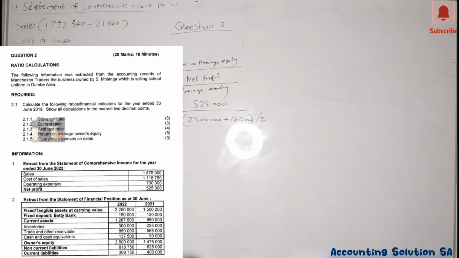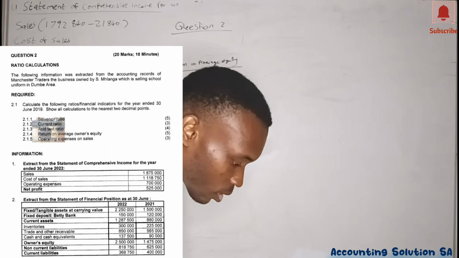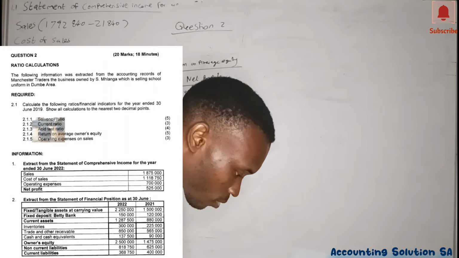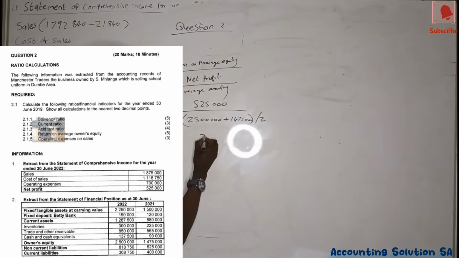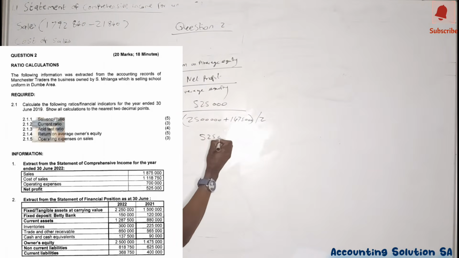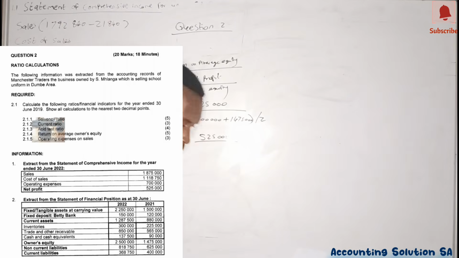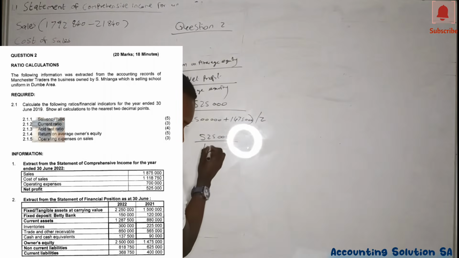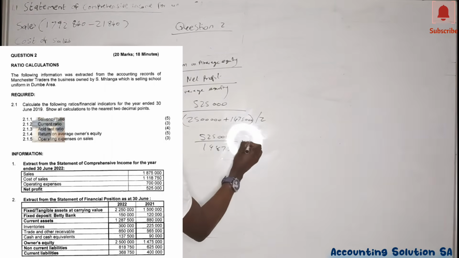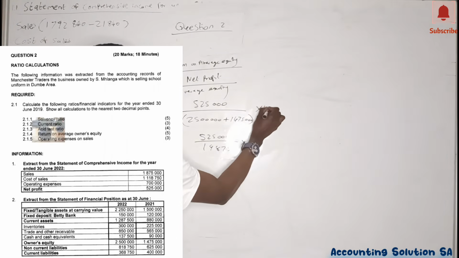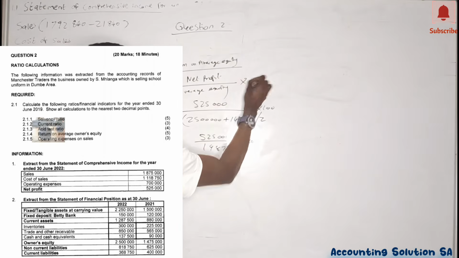Then it's going to give us an amount of 3,975,000, and you divide by 2. That gives 1,987,500, after we have divided by 2.